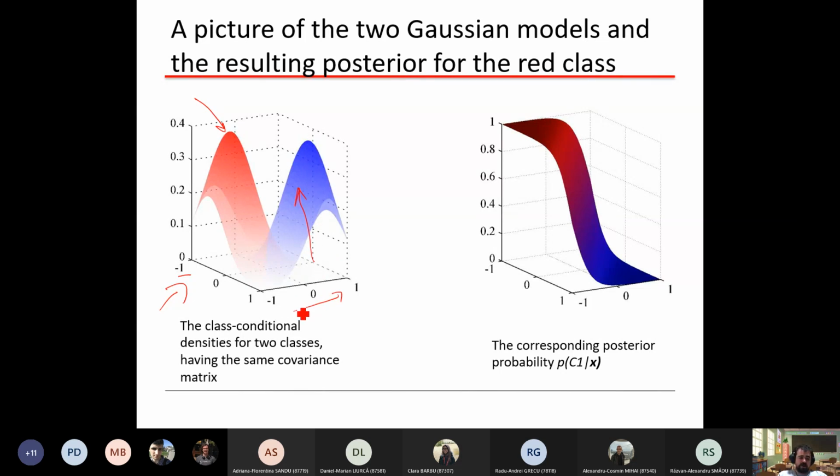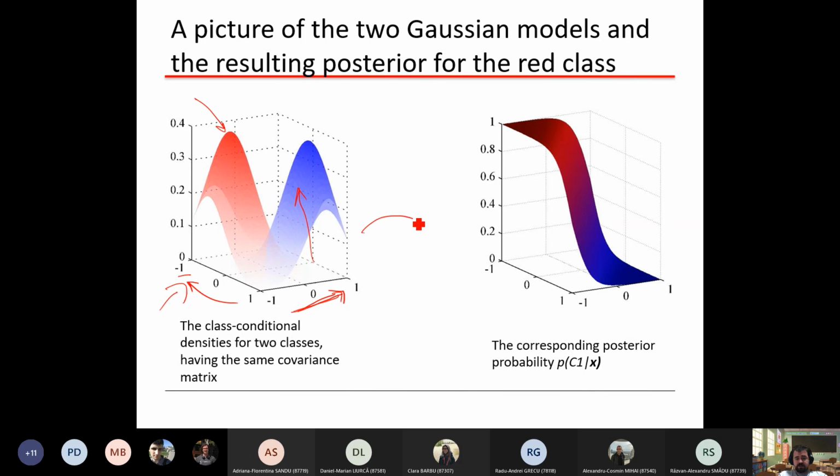So as the value of x goes towards 1, the probability that x belongs to the blue class increases. As the value of x goes towards -1, the probability of the target being in the red class goes to 1.